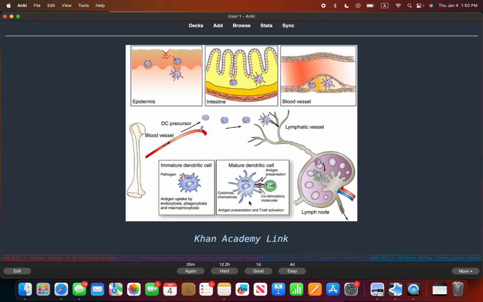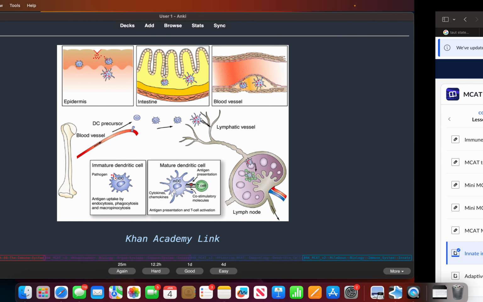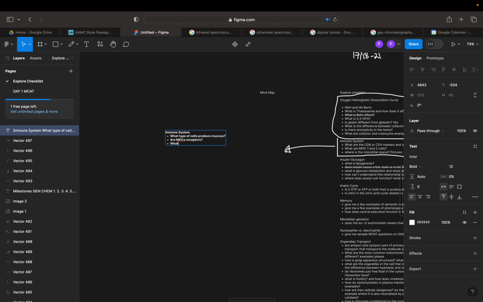So the question is, what are chemokines and cytokines? What does kine refer to as the roots?